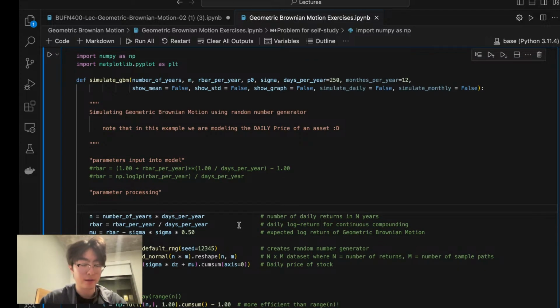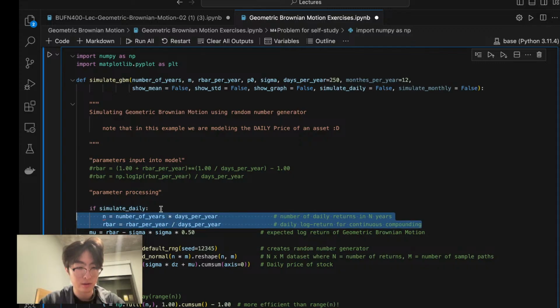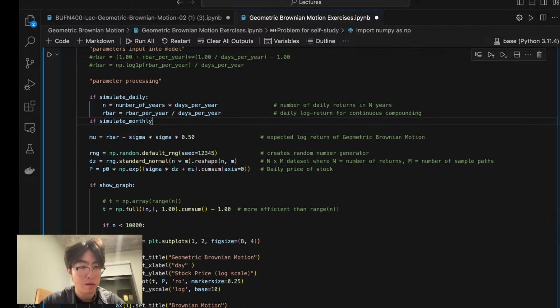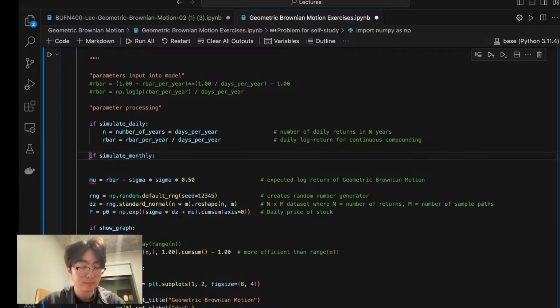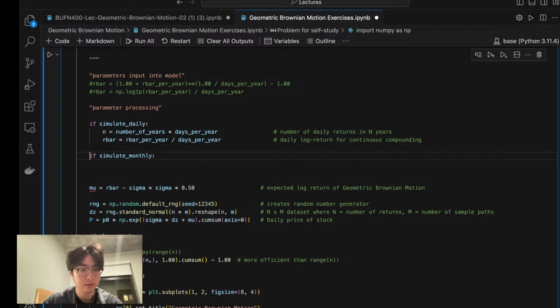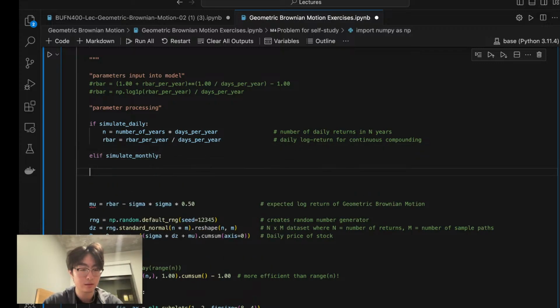Okay. So I think this is where we can actually say whether or not we want to do daily. So in this case, we are going to do daily, and then if simulate monthly, then n. I guess this could be an elif, and then else.